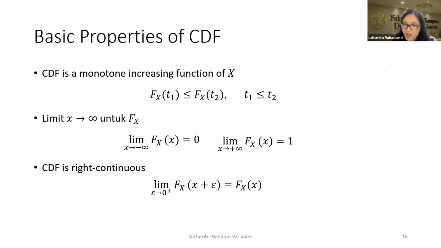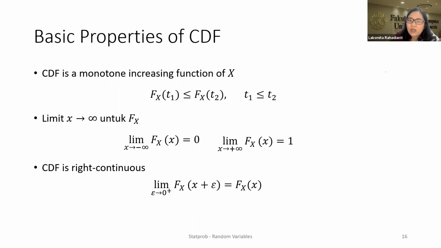This is a terminology that you should have learned in calculus. I think calculus 1, but I'm not so sure how they divide 1 and 2. So it's monotone and it's increasing. That makes a lot of sense. It's cumulative, so it should be increasing because you're accumulating more and more with every value.